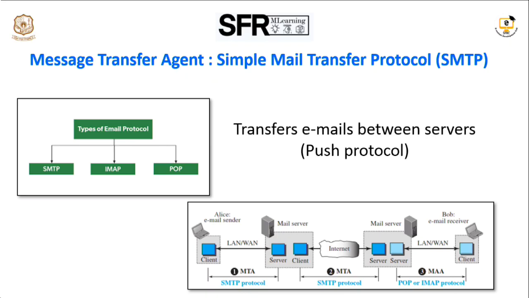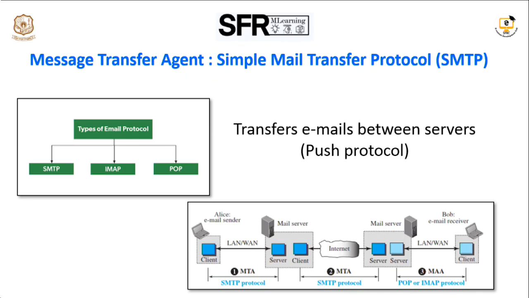SMTP is used to transfer mails between servers, and then the mail server will receive this message, and the mail server will transfer the message via the internet, and again the mail server at the receiver end will receive the message at the server and the client will send the message.